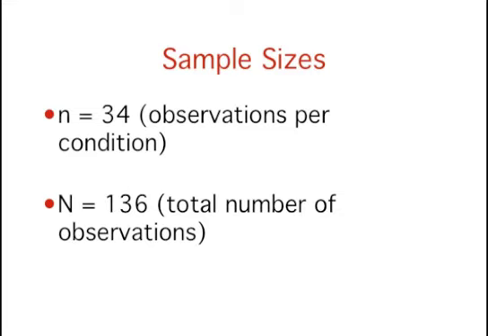We will refer to the number of observations in each group as lowercase n, and the total number of observations as uppercase N. For these data, there are 4 groups of 34 observations. Therefore, lowercase n equals 34, and uppercase N equals 136.